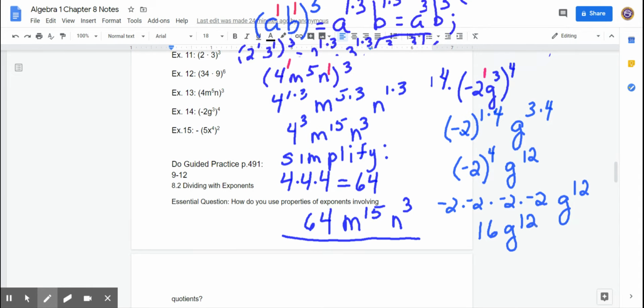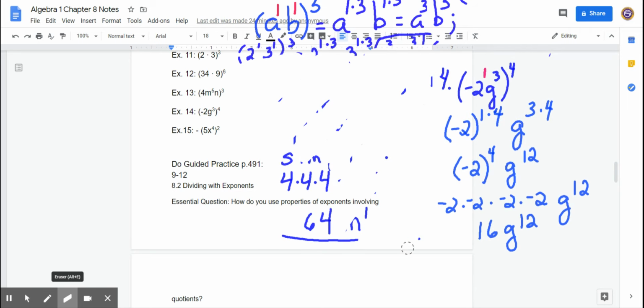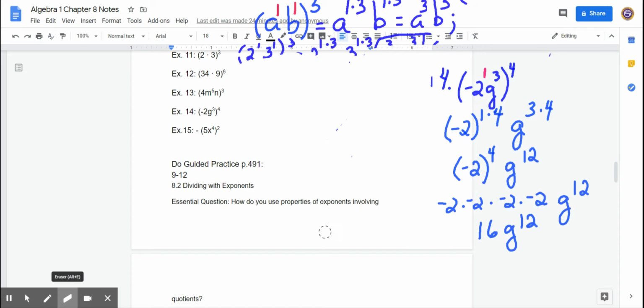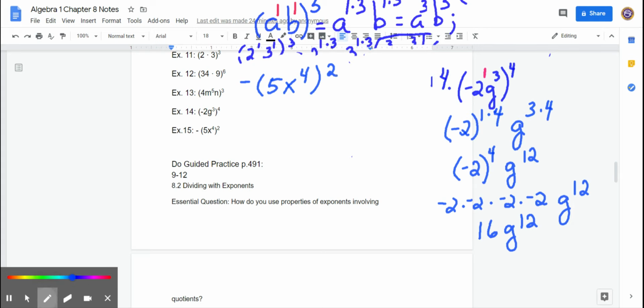And the last one is number 15. Okay, I'm going to just go and erase this since you've got it. And we'll do 15 right over here. So 15 is the opposite. So here's where that negative is on the outside. Negative 5x to the 4th, quantity squared. Again, what do we have to remember?